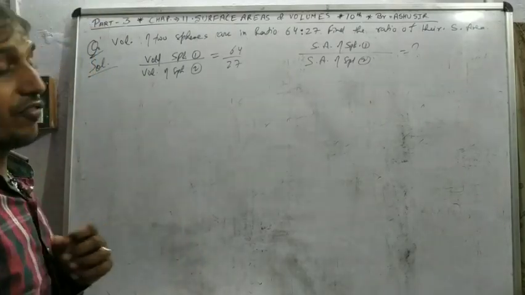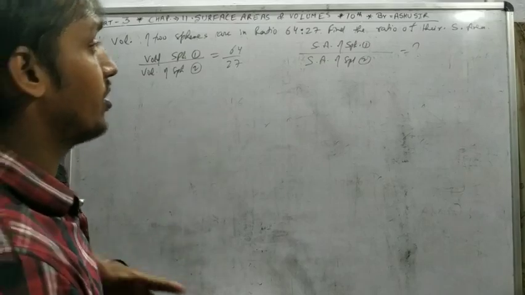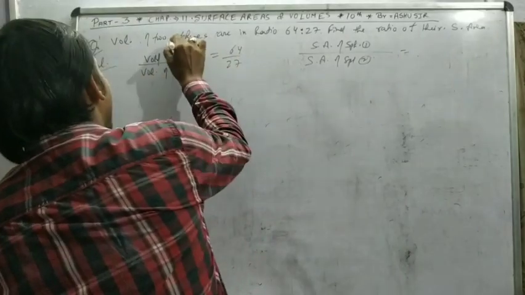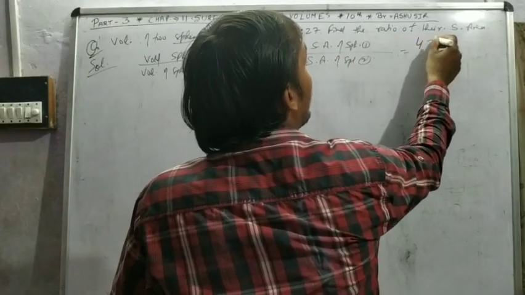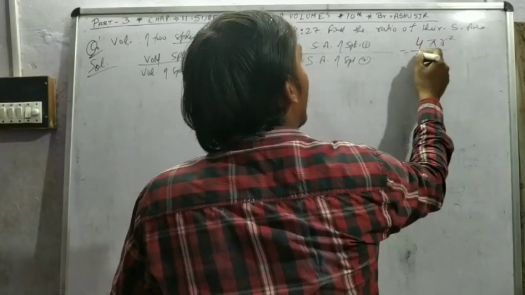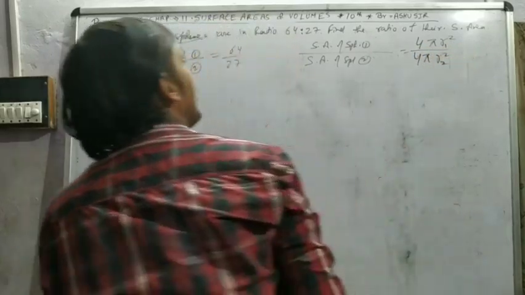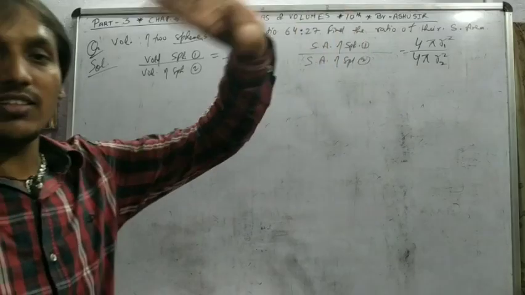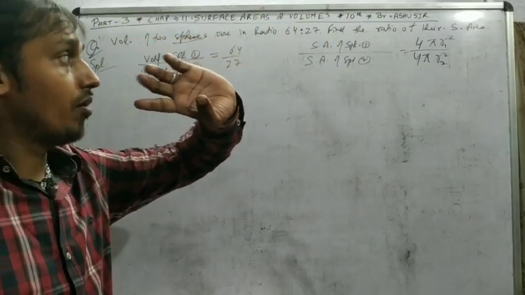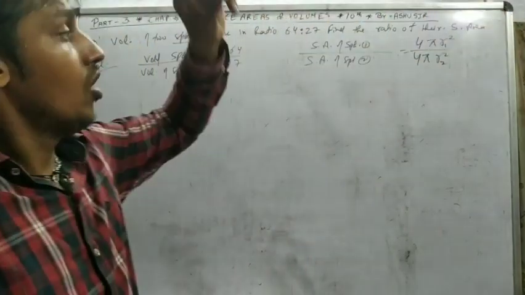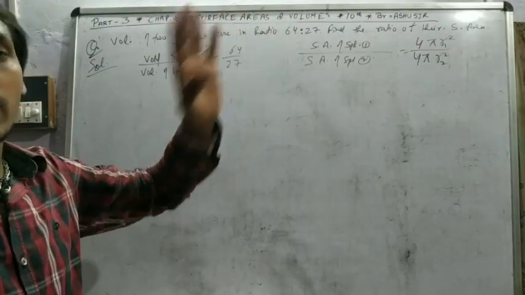So firstly, we have to simplify them. Surface area of sphere is 4 pi r square, that is R1 and R2, and 4 pi is cancelled. If we know the ratio of the radii, we can solve the ratio.